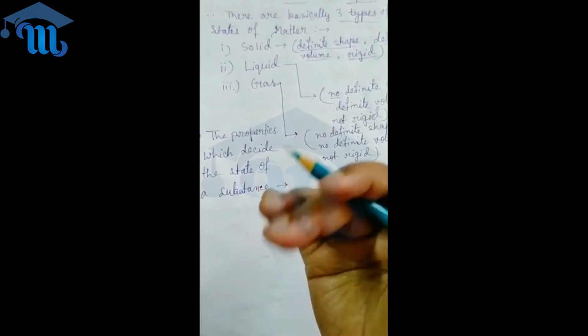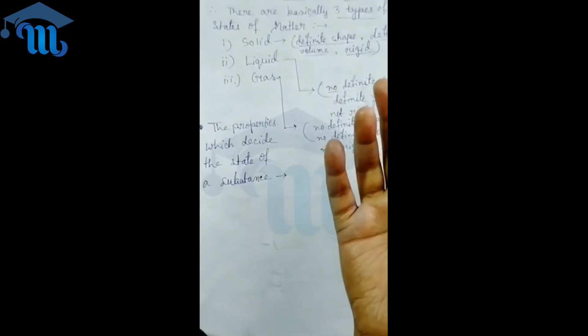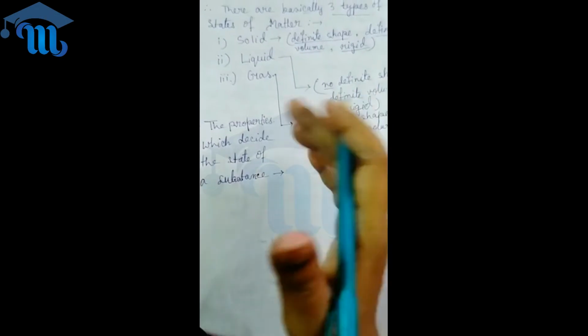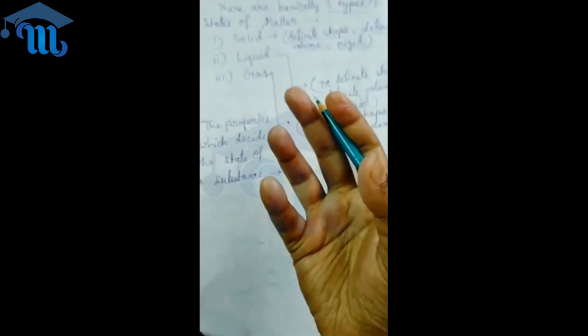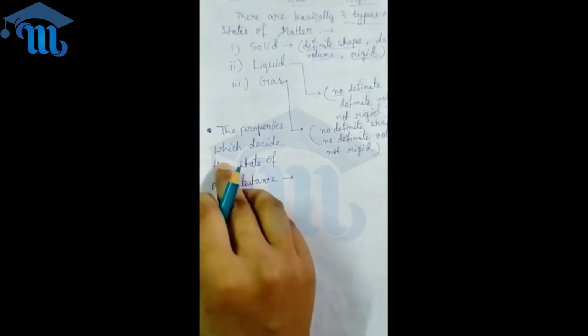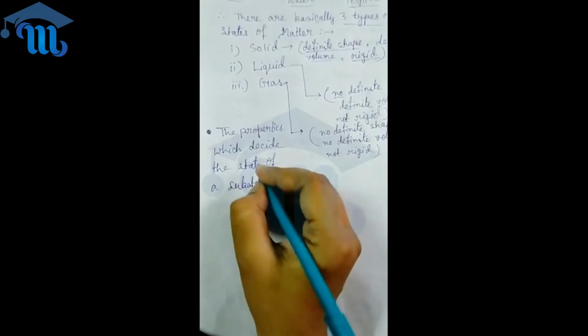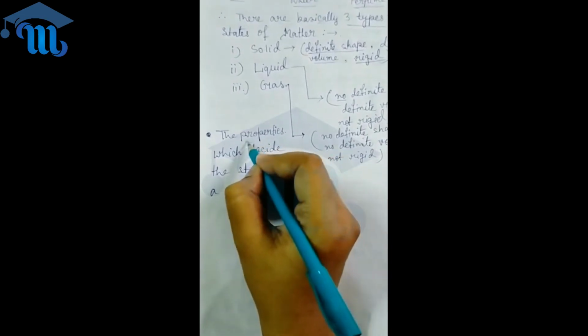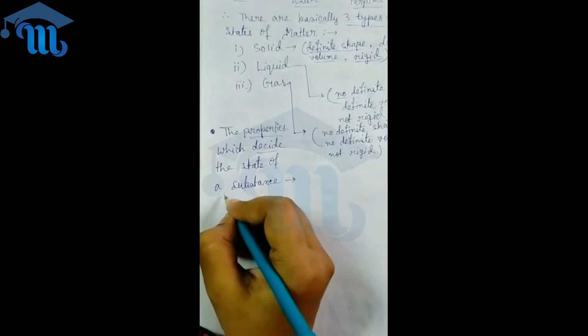Like we can compare two persons by their height, length, width, skin color, eyeball styles and all these. So what are the basic properties which can decide the state of a substance?